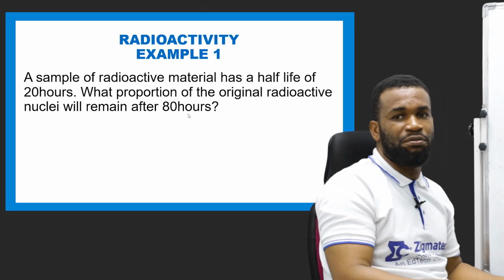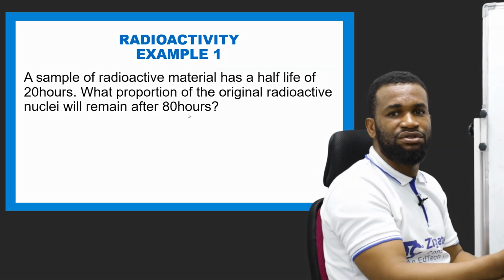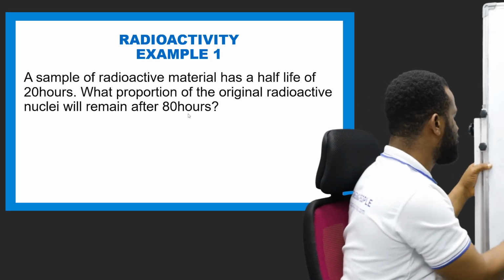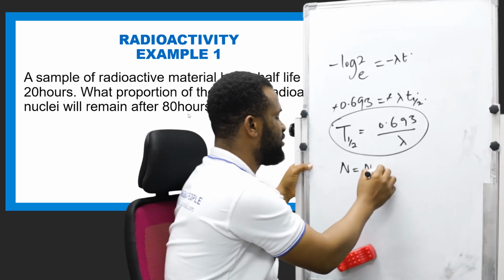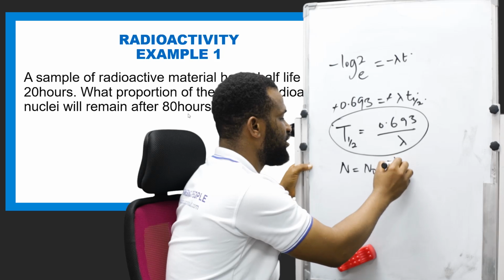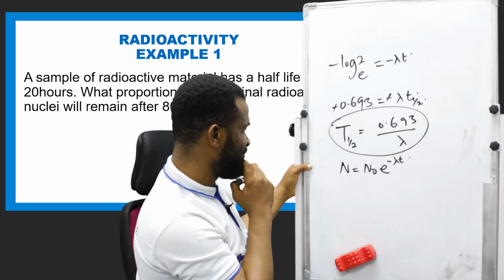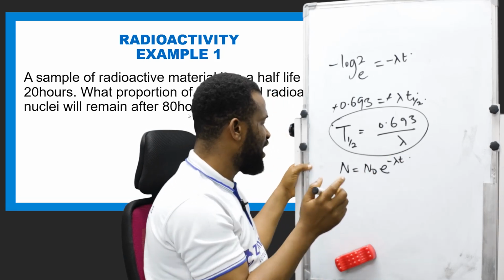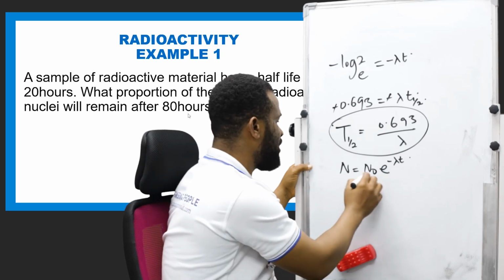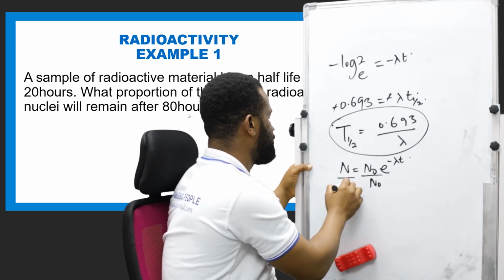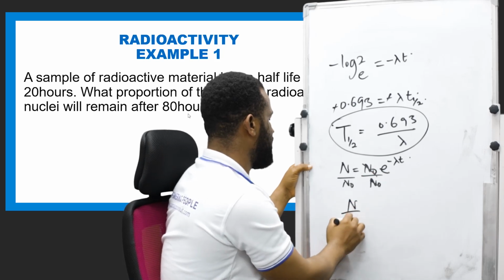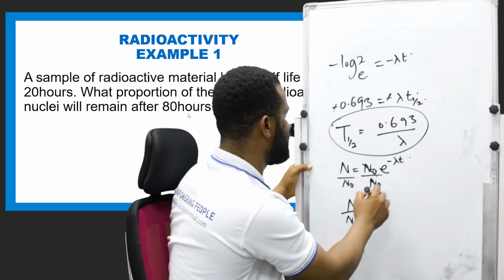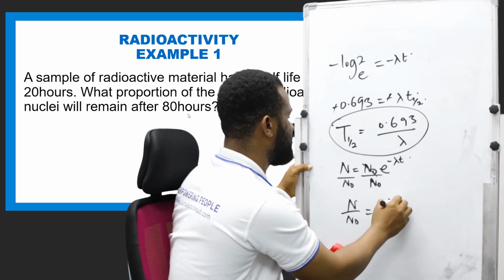So when we talk about the proportion, we are looking at the fraction. Let's go back to the original equation where we said N equals N naught e raised to power minus lambda t. At this point, I am going to divide both sides by N. So N over N naught is equal to e to the minus lambda t.